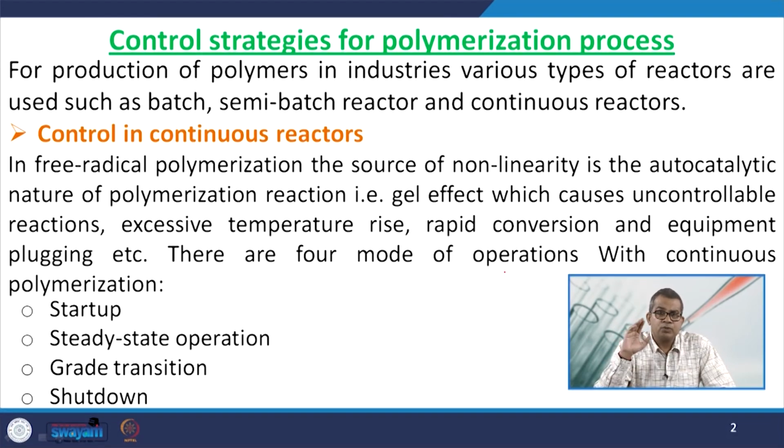So, this should be in our mind: we should have a feasible reactor process, a feasible polymerization process, not at the cost of adversity in the final polymeric product. So, based on this picture in our mind, let us discuss the various kinds of control protocols in different types of reactors used in the polymerization process.